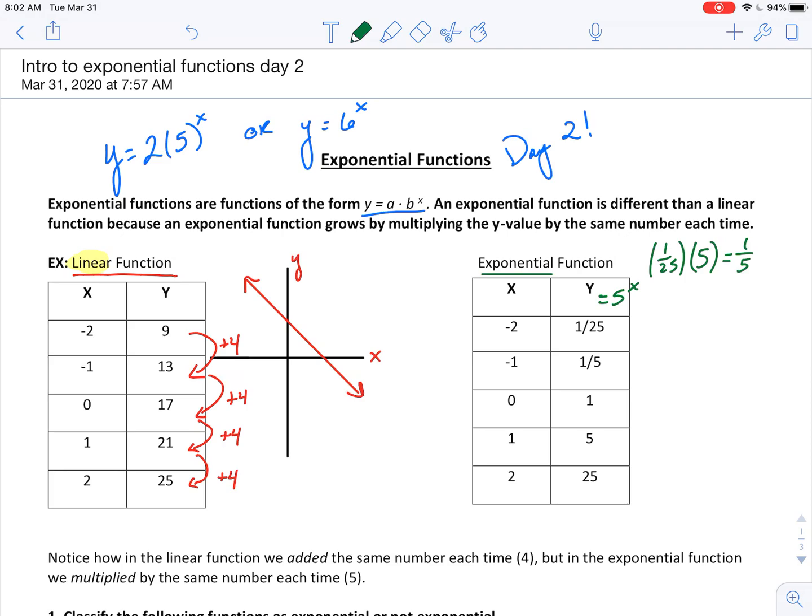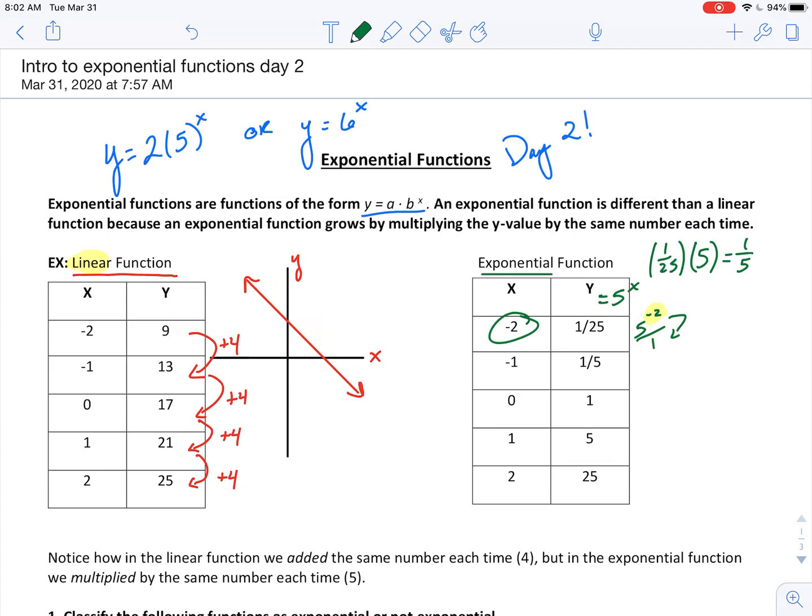So yesterday I had you do a Desmos activity, and the reason I made you do that is so that we could look at this: 5 to the x. So 5 to the negative 2, 5 to the negative second power over 1.